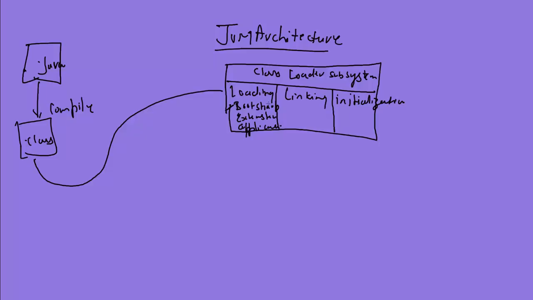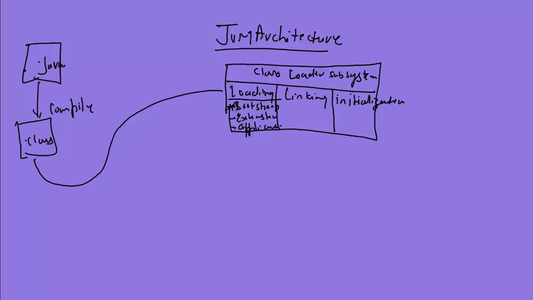Whenever I load the .class file, first the loading will happen. What does this bootstrap class loader mean? The priority is the same. First it will go to the bootstrap class loader, then the extension class loader, then the application class loader.